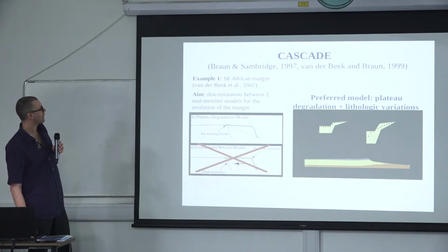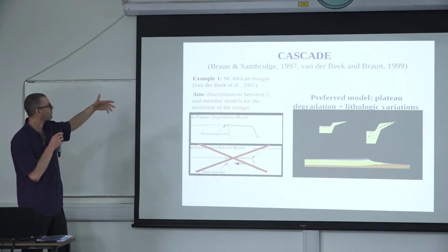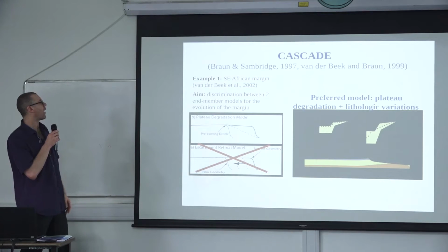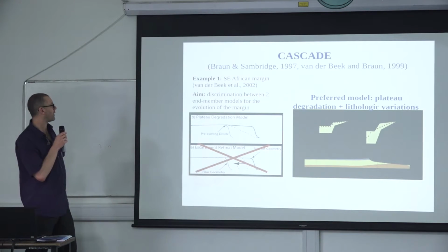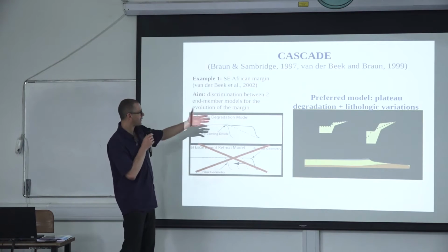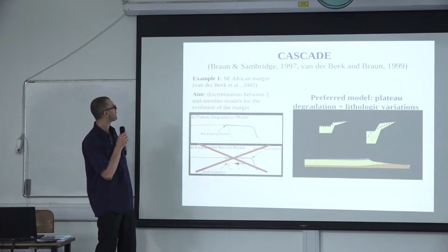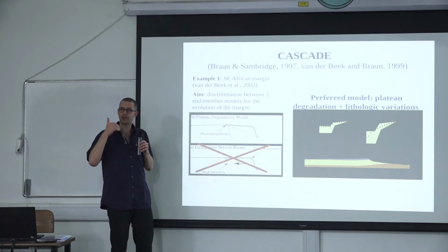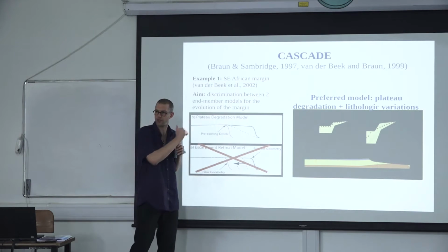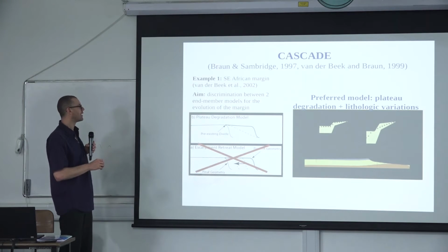Somehow that figure doesn't come out properly, but anyway, what this publication argues for, based on the thermochronology data, although very little thermochronology data, is that the escarpment in Southeast Africa has been retreating by fluvial erosion because they don't see a clear temporal signal in the thermochronology data. So that's at least the model for Southeast Africa.